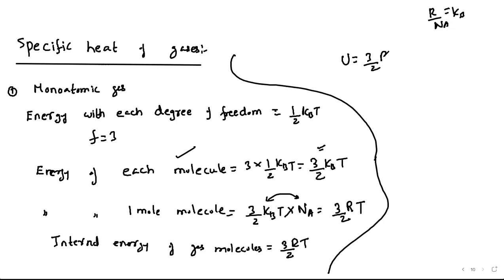So once you have internal energy, you can calculate specific heat at constant volume. Now you have U equal to 3 by 2 R T. Now we can calculate molar specific heat at constant volume.